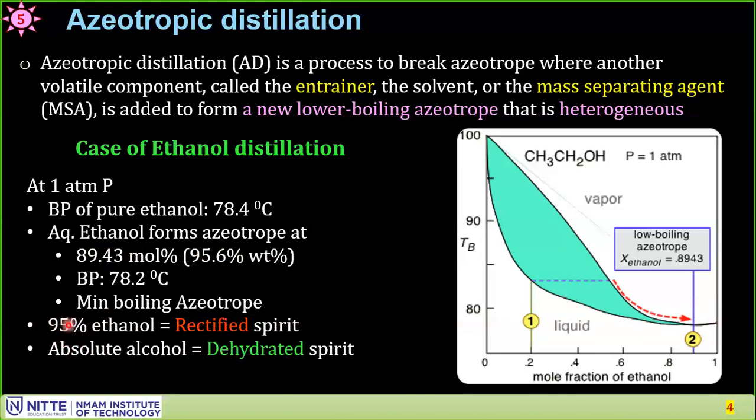If you observe here, the remaining 5% is water. If you have to remove that remaining 5% of water, you have to use some mechanism, that is azeotropic distillation, and you can obtain ethanol without water. You call it dehydrated spirit. So dehydrated spirit is 100% ethanol, rectified spirit is 95% ethanol.